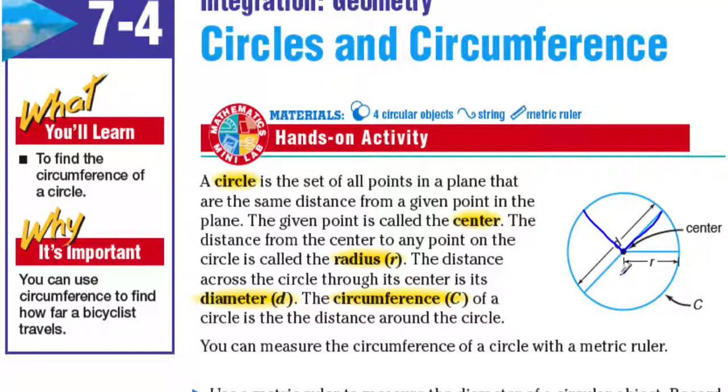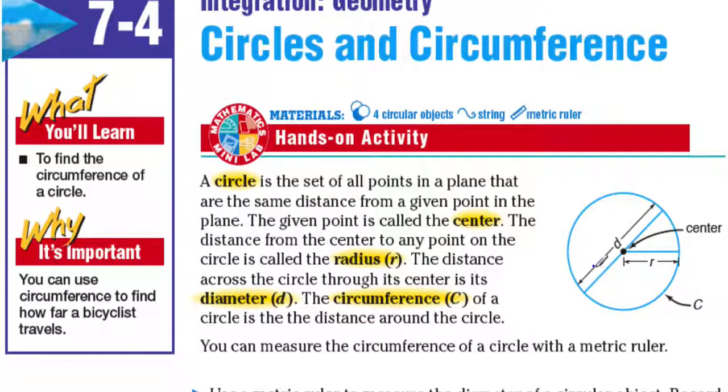That can be another radius for as long as it is a distance from the center to any point in the circle. And if you have a line that passes through the center, that's called your diameter. If you notice, the diameter is twice the length of the radius.